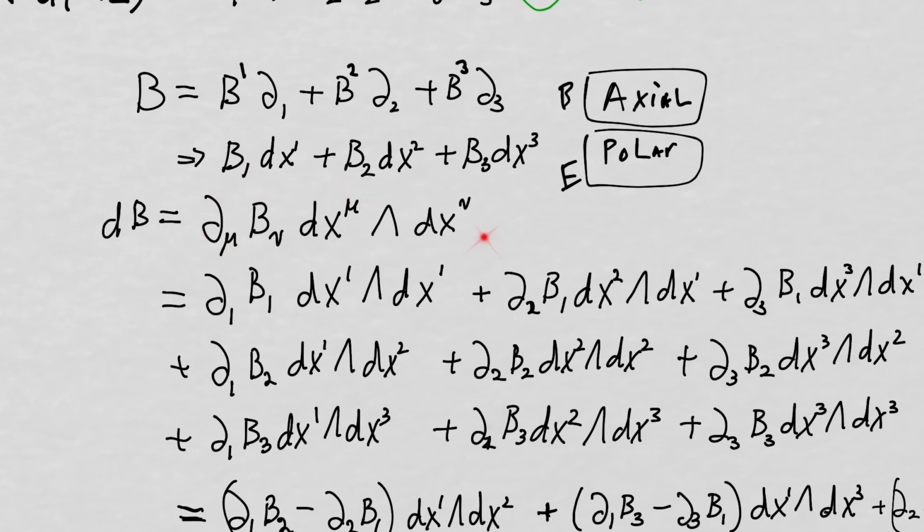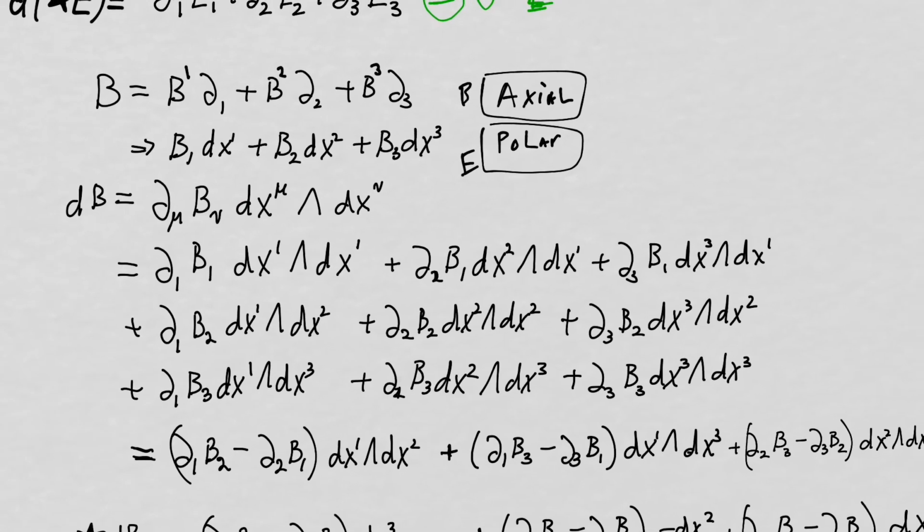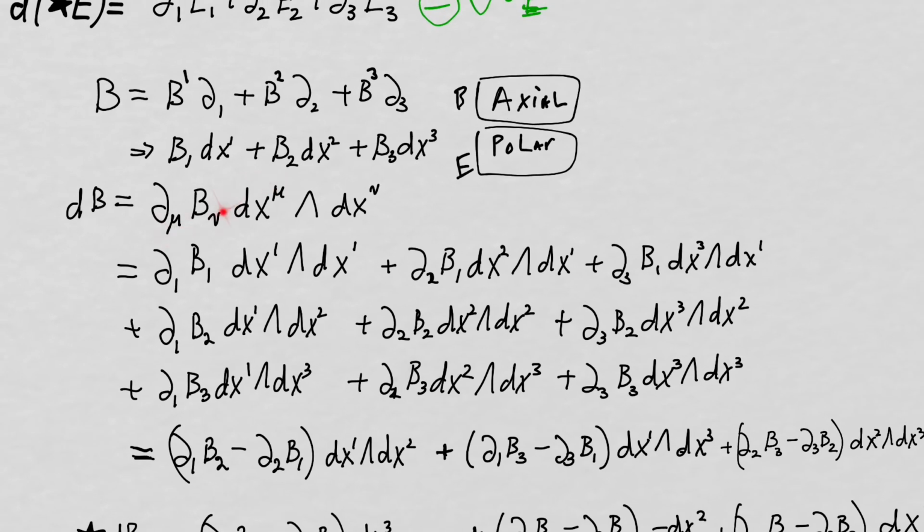So we blow this guy up, and when we blow it up, meaning executing the two implied sums, we end up with all of these 9 terms, partial of x1 with the first component of the magnetic field, dx1 wedge dx1, which is going to be 0, right? Because dx1 wedge dx1 is going to go away.